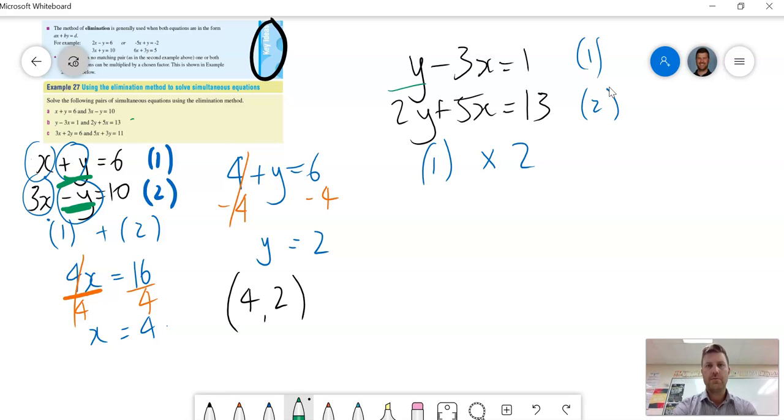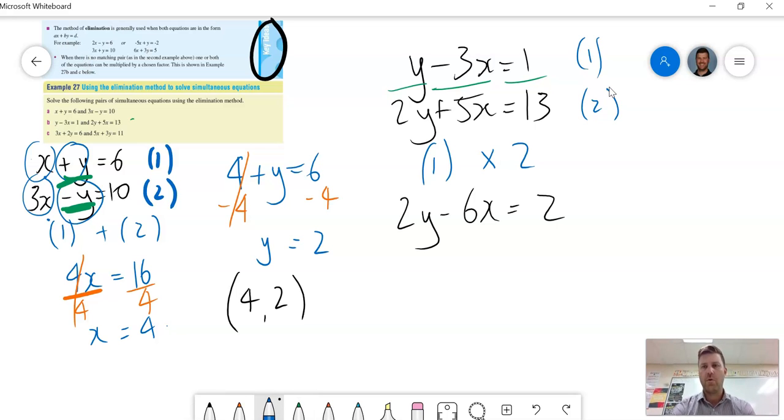if I do 2 times y, I get 2y. 2 times minus 3x is minus 6x. And 2 times 1 is 2. So I now have equation 3, and I now have a matching pair. My y values are matching. In this case, I'm not going to add the equations like I did over here.